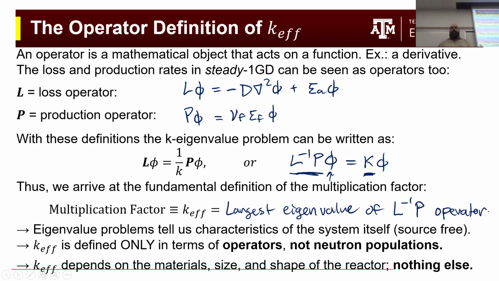Again, eigenvalue problems only deal with our system without sources. In this context, k effective is determined only by operators. It doesn't have anything to do with the neutron population. These operators depend on the Laplacian and the material properties, so k effective depends on the materials and the size and shape of our reactor and nothing else.